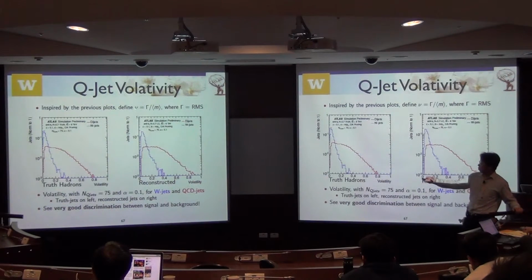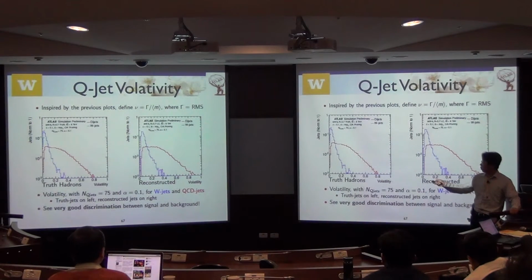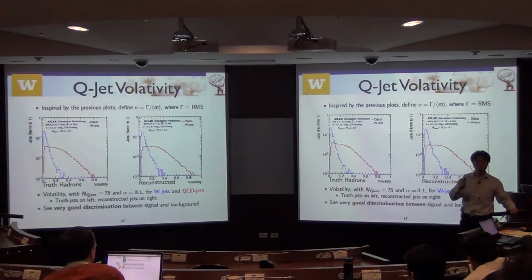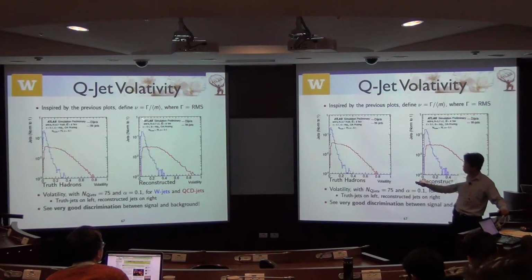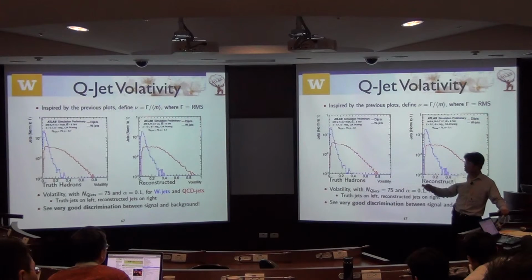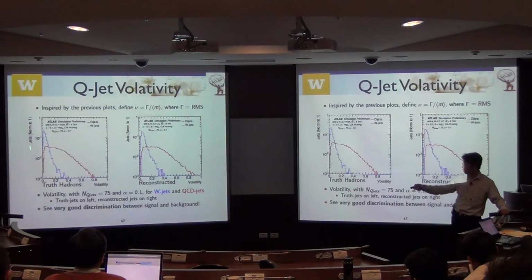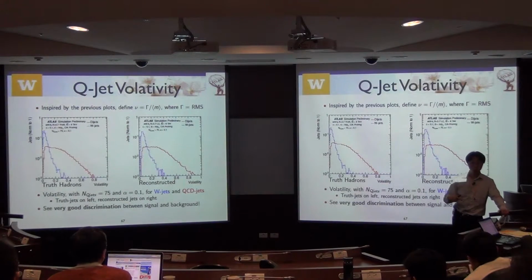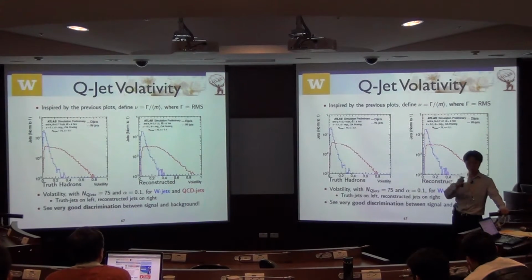We define volatility, the ratio of the width of the distribution divided by the average of the mass. We know that if it's a W jet, then this volatility will be small. But if it's a QCD jet, the distribution will be wider. And then we can use this as a new jet substructure variable to discriminate signal from background. Okay?